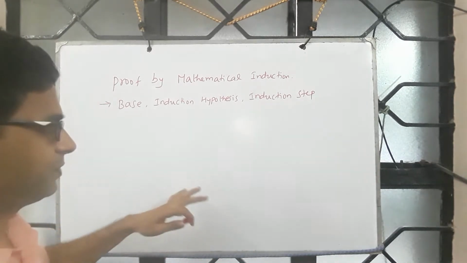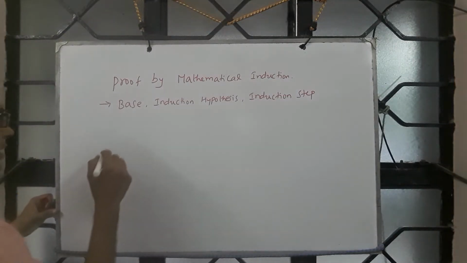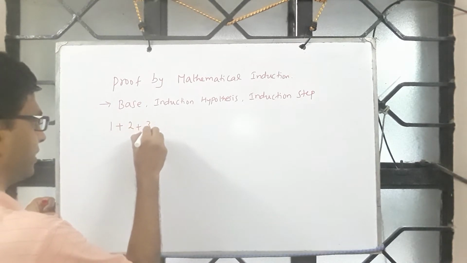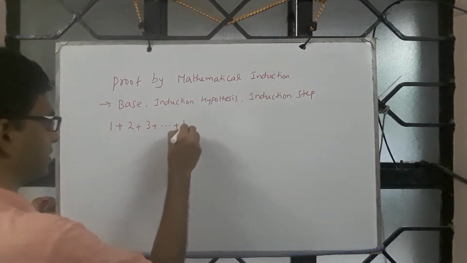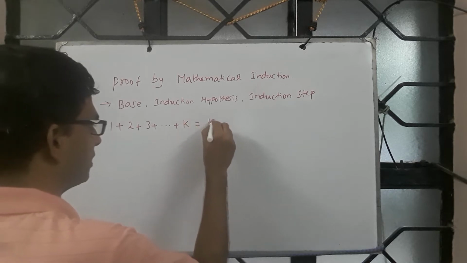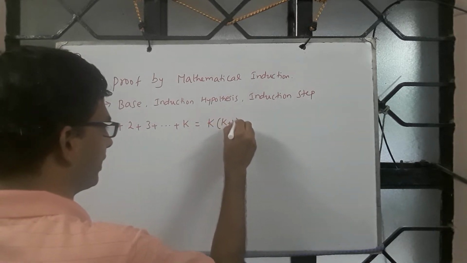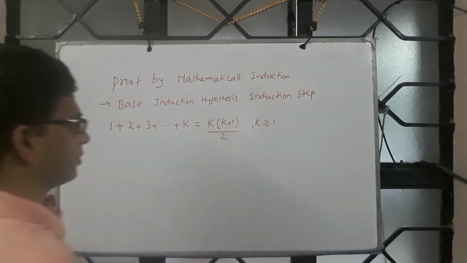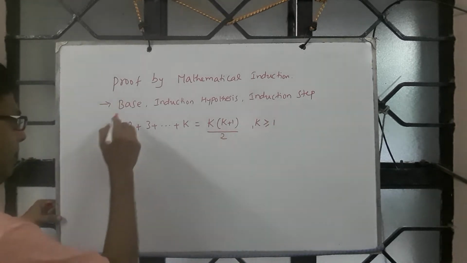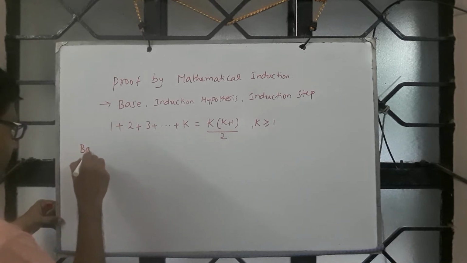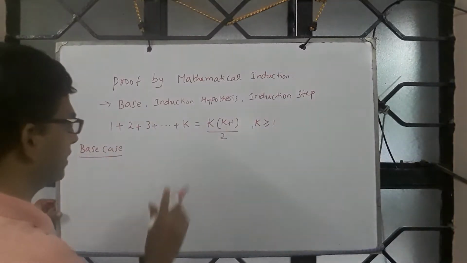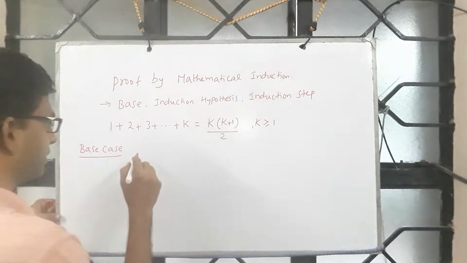We shall appreciate this by taking a specific case study, something that you have seen as part of your JEE preparation. The sum of first, say k natural numbers is precisely k into k plus 1 by 2, and k is at least 1. What base case says is, verify whether the claim is true for base values of k.